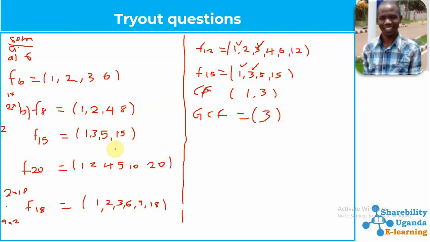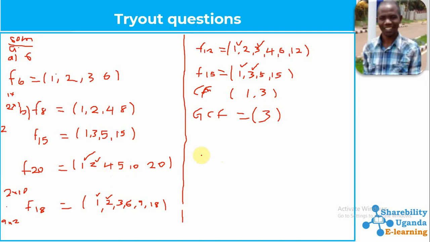Alright, so also when you come to 20 and 18, we identify the common factors. We have 2, 1, 2. We have 4, we have 5, we have 10.